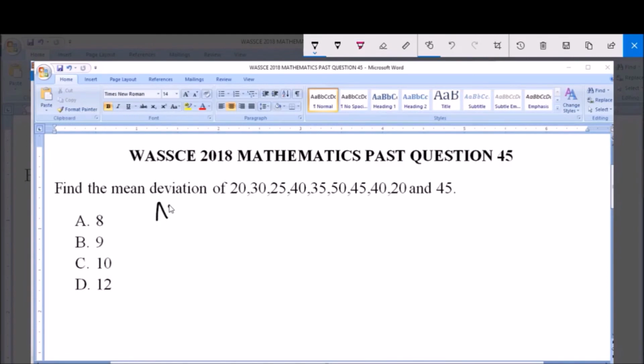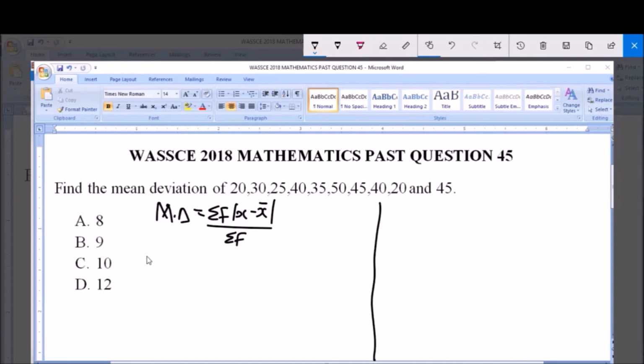Now mean deviation, MD, is equal to summation f times the modulus of x minus the mean, all over summation f. Now for us to get all this, we have to draw a frequency distribution table. Let's divide this like this.